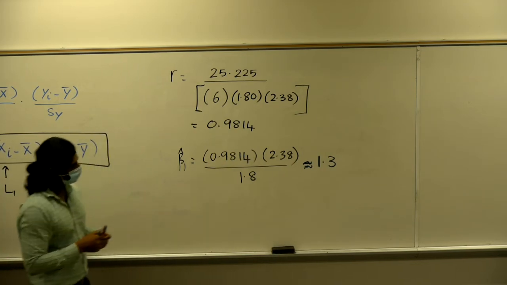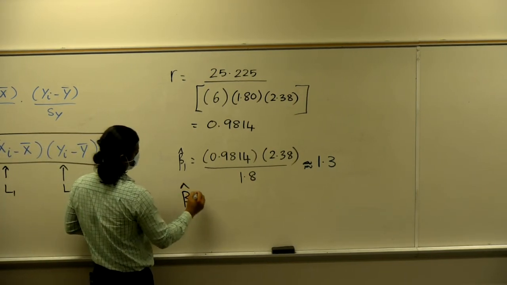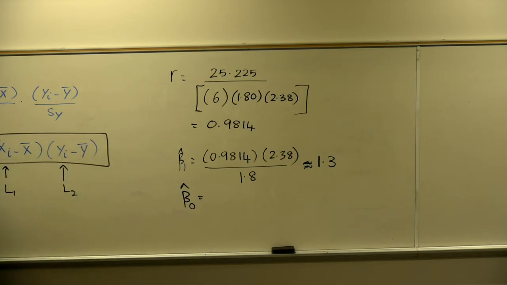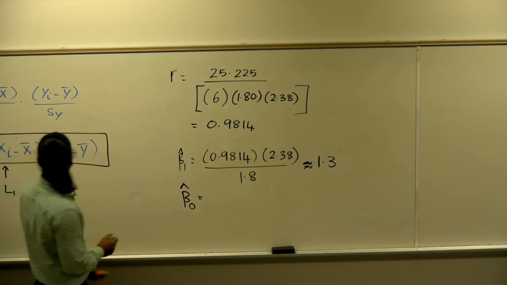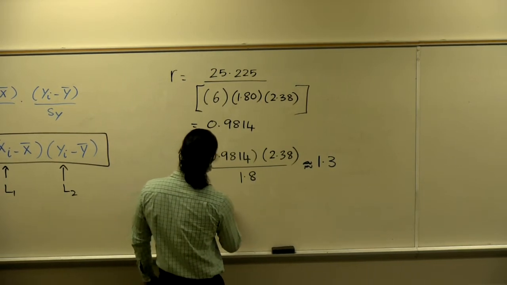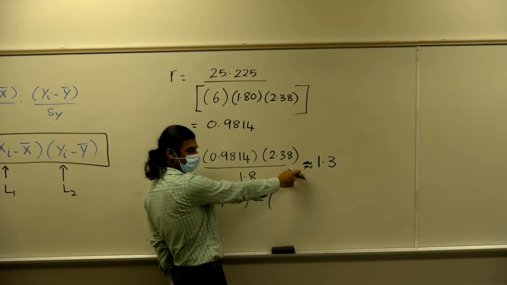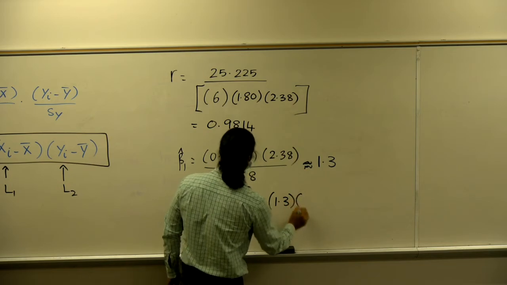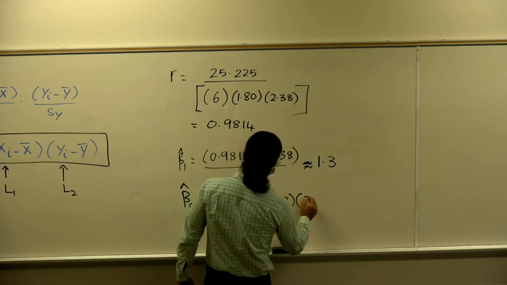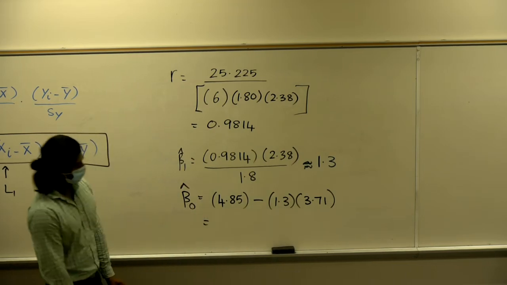Now that we have beta 1 hat, the formula for beta naught hat is y bar minus the value of beta 1 hat that we found, multiplied by x bar. Y bar is 4.85 minus the value we found, which is 1.3, multiplied by 3.71. And what do we get?